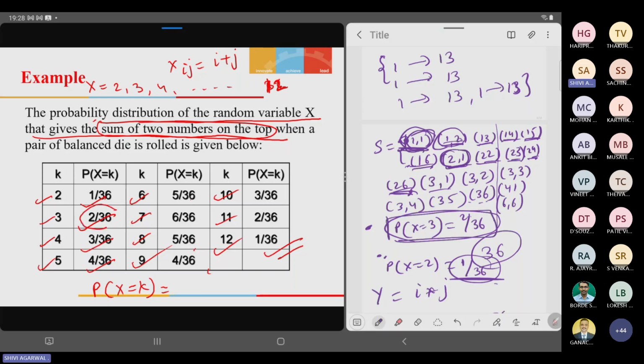It is already written here. I wrote probability x is equal to 2 is 1 by 36. It is given here. Okay, so this is just for explanation only. Everything is clear.